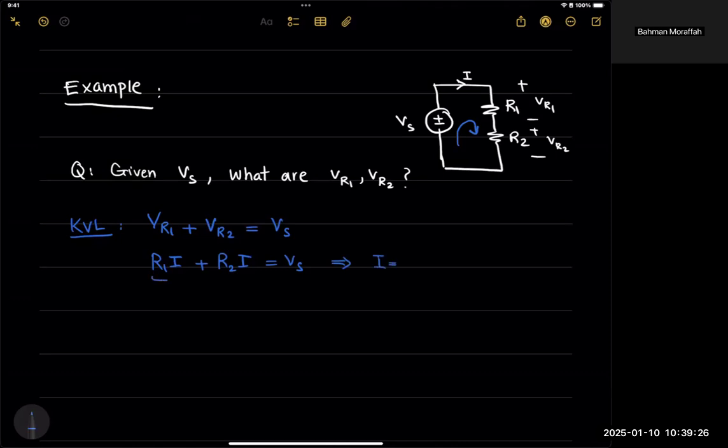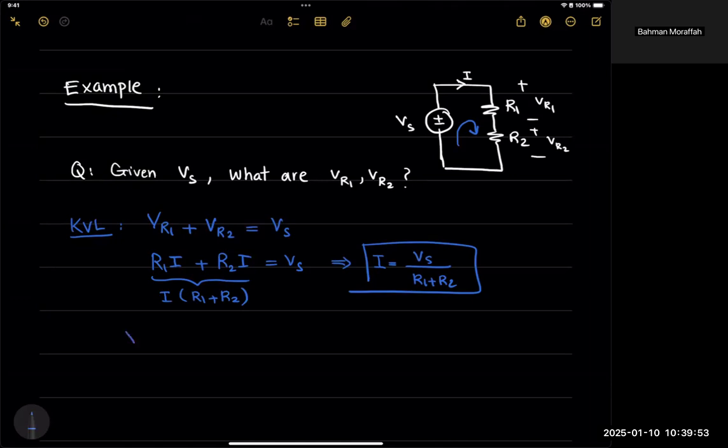So if I factor out I, I can compute I to be Vs divided by R1 plus R2. Which again matches our intuition, because R1 and R2 are in series. I can combine them and replace them by R1 plus R2 as our equivalent. And then we can simply write Ohm's law, right?